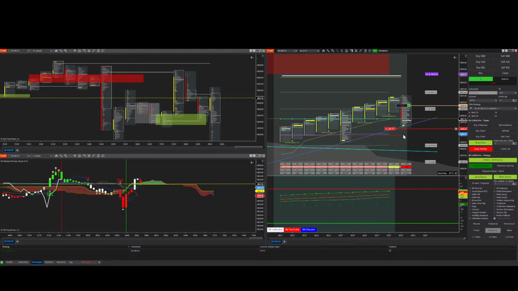We are pretty high up here on the B4, so it can completely start rotating over and selling off, digest some of these gains.